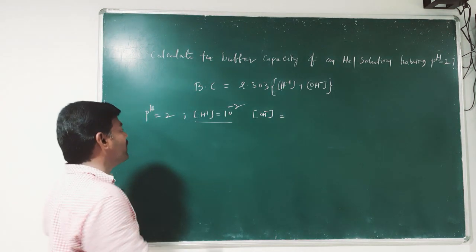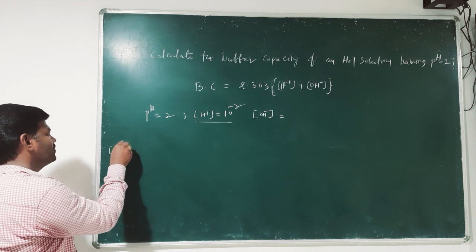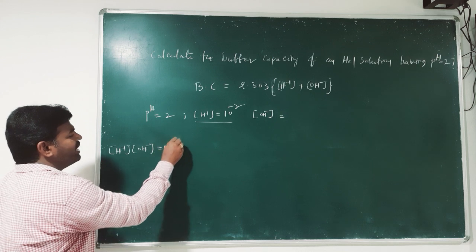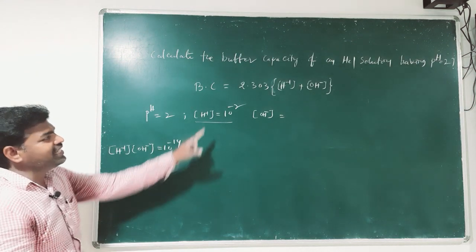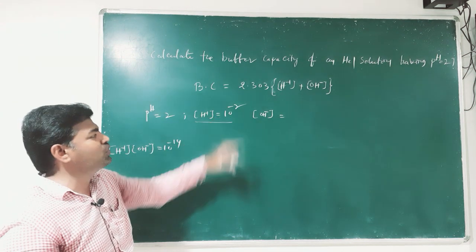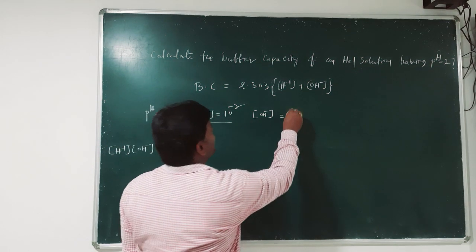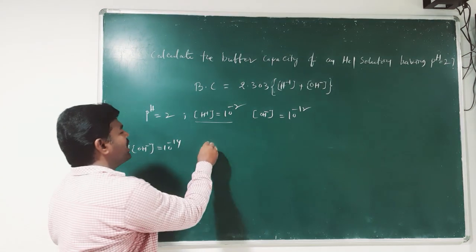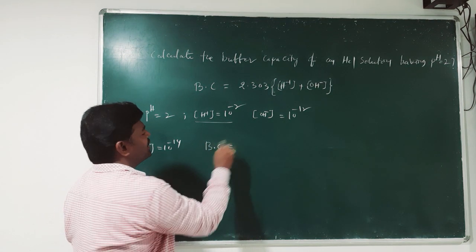Because the concentration of H plus into the concentration of OH minus is equal to 10 power minus 14. So the concentration of OH minus ions is 10 power minus 12.